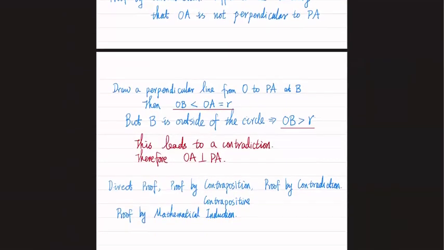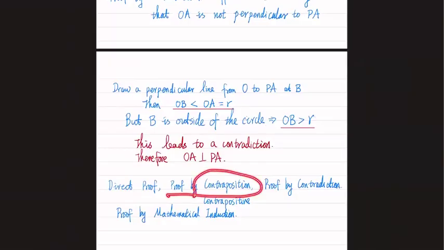For proof by contraposition, it's very important to understand this. We first need to state the contraposition. What is the contraposition? This should be specified at the beginning of the proof.